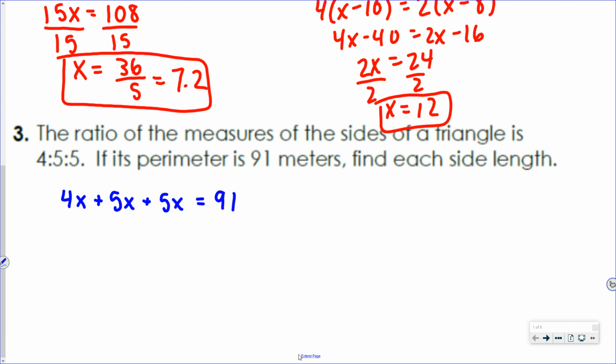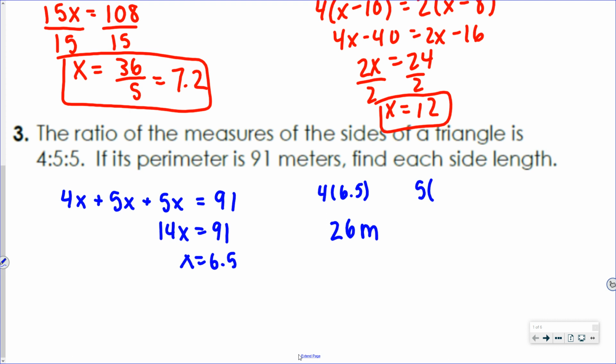All right. So solving this one, in this case, I probably want decimals if I'm talking about lengths of a side. I got X to be 6.5, but that wasn't what they asked me to find. They asked me to find the length of each side. So that first side, that's 4 times some scale factor, which ends up being 6.5. That's going to give me a length measure of 26 meters.